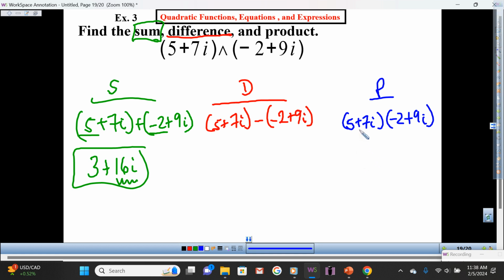All right, then help me out. What do I multiply times what? 5 times negative 2, and that is negative 10. Okay, so then 5 times 9i, what is it? 45i. Okay, next, 7i times negative 2.